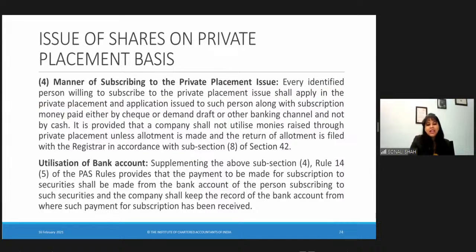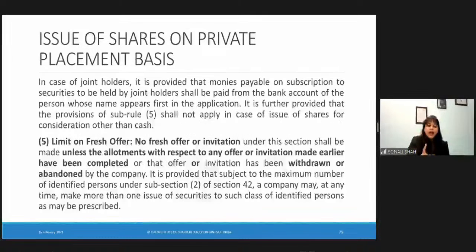Once the offer is received by the identified people, if they want, they can make an application with the required amount. The amount can be paid by check, demand draft, or other banking channels except cash. The money is deposited to a bank account which is mentioned in the specified bank. Another point, only the people who have received the invitation can make the application, and they have to make the payment from their bank accounts.